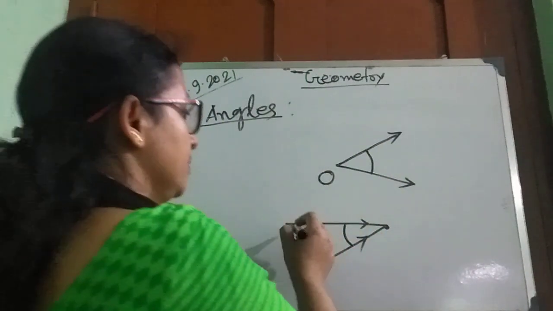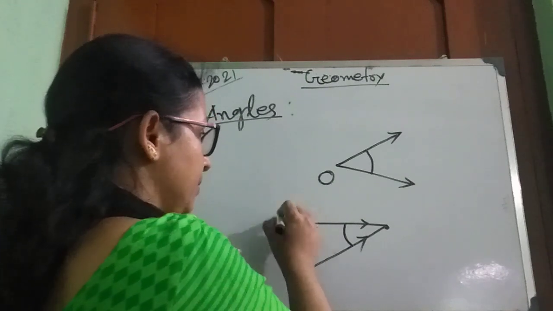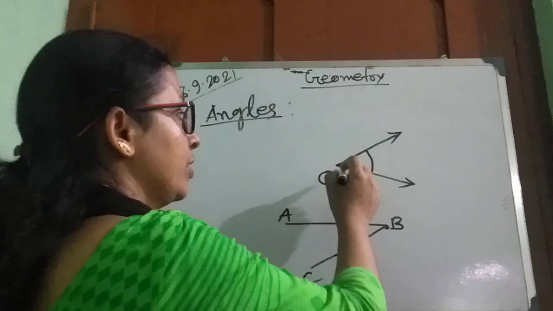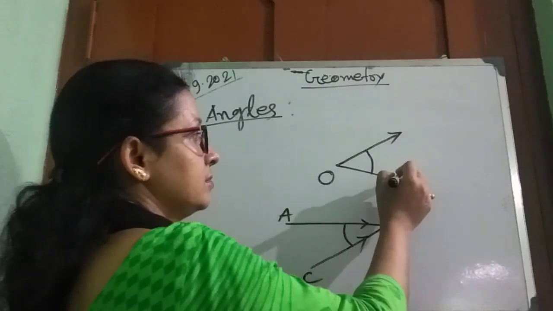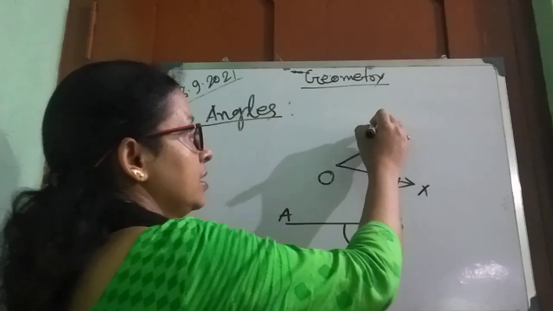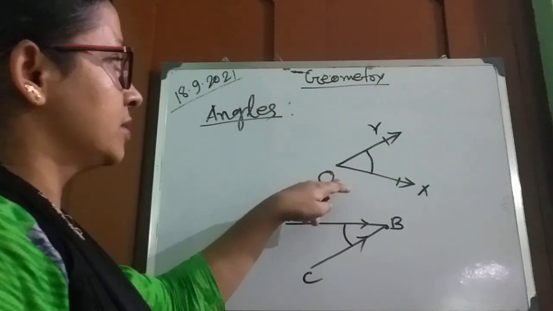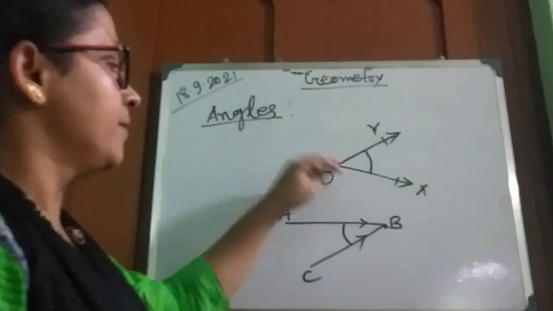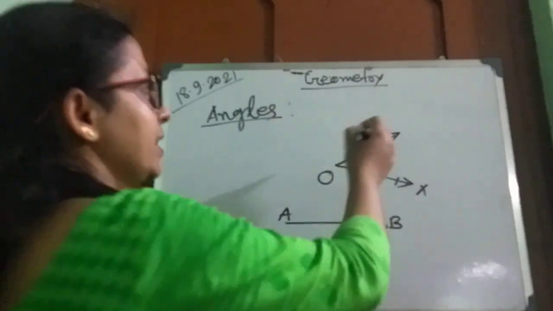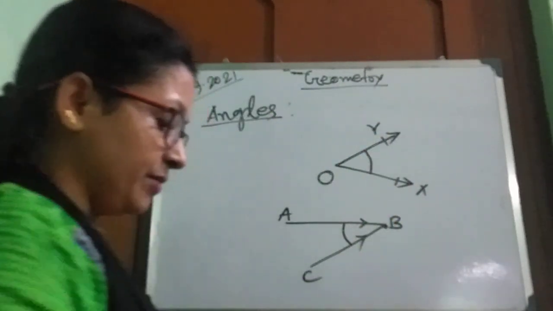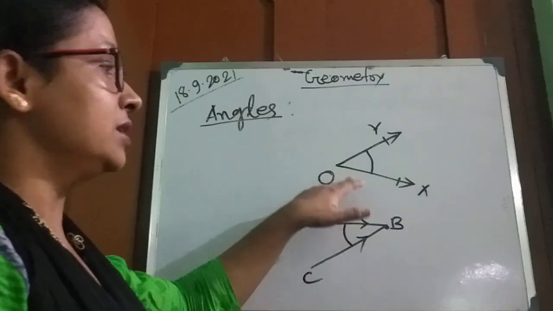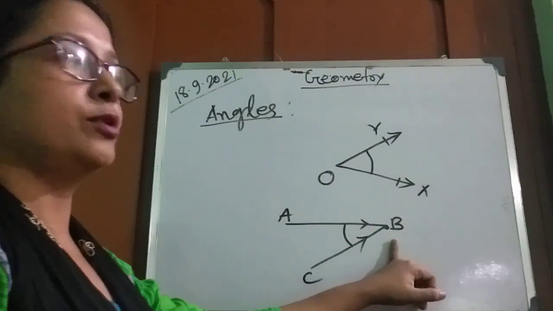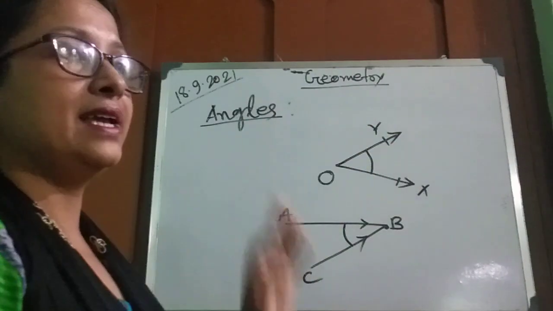If AB and CB are given, they are meeting at one point here. Here OX and OY are coming from one initial point. So here we are getting the angle when two rays come out from one common point and two rays are meeting at a common point, that time one angle is formed.